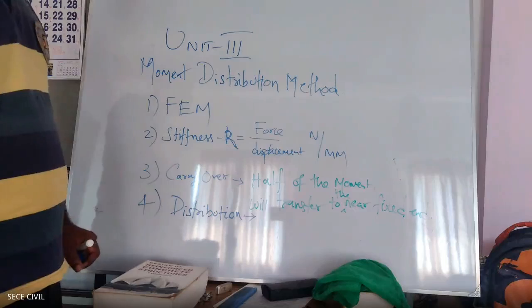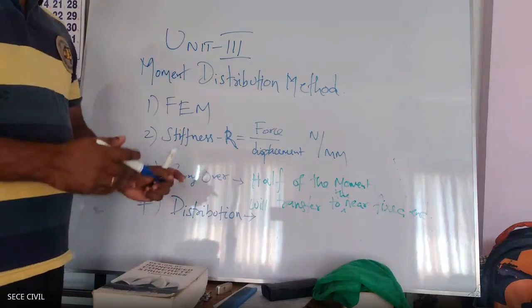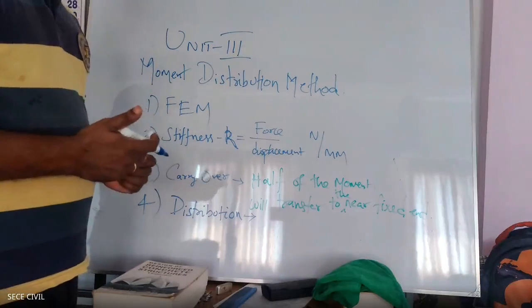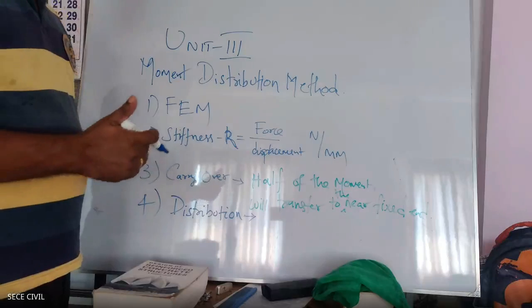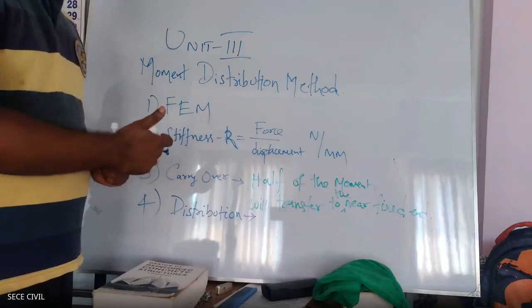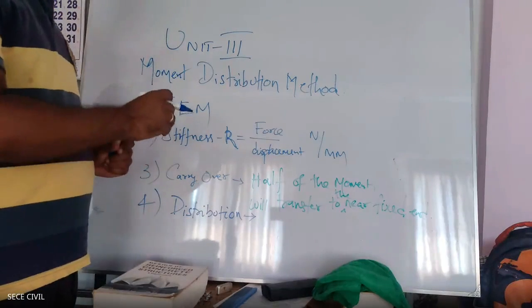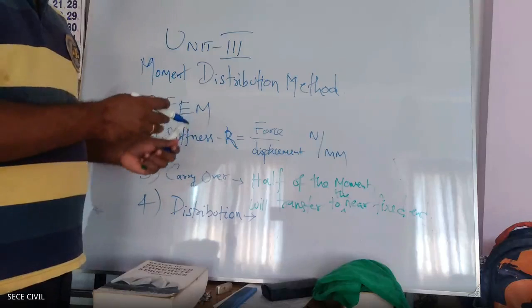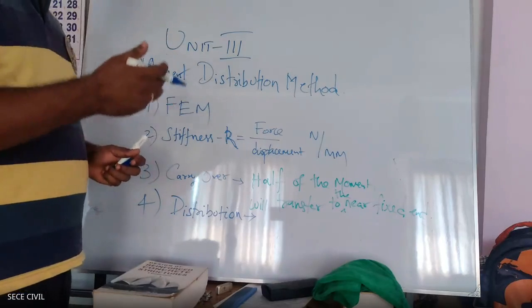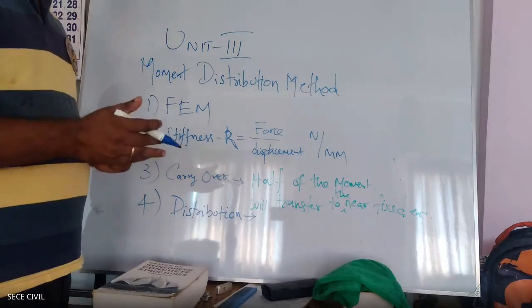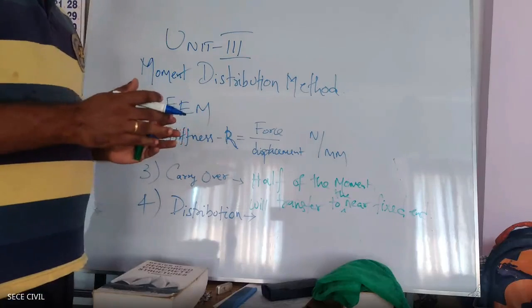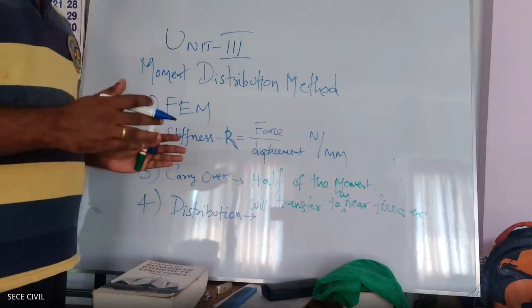Distribution means, for balancing purposes, to make the beam in equilibrium condition, we are distributing the moment. Some joints may have more moment, some joints may have less moment, so we are distributing the moment evenly.